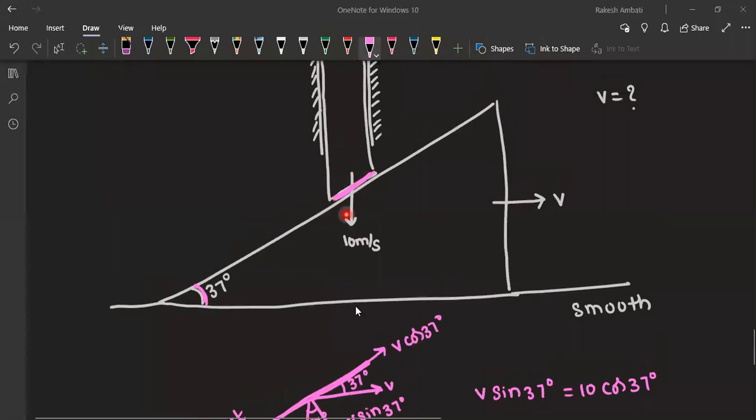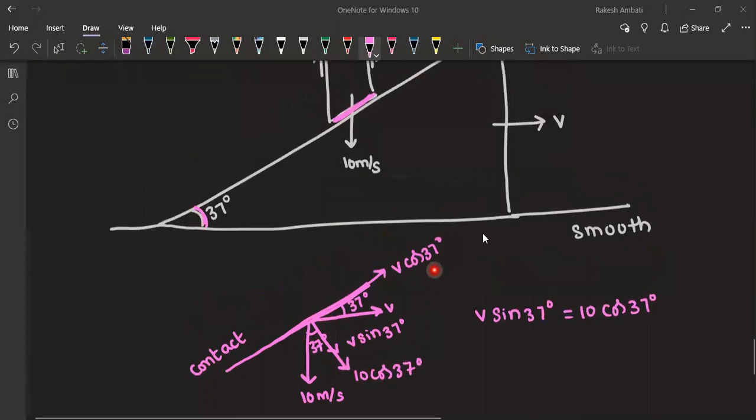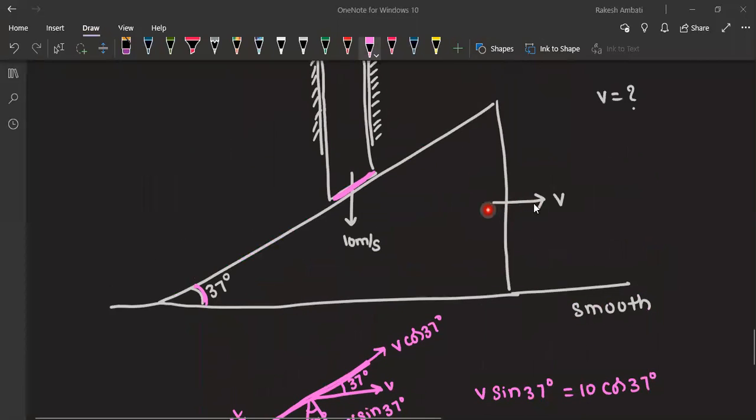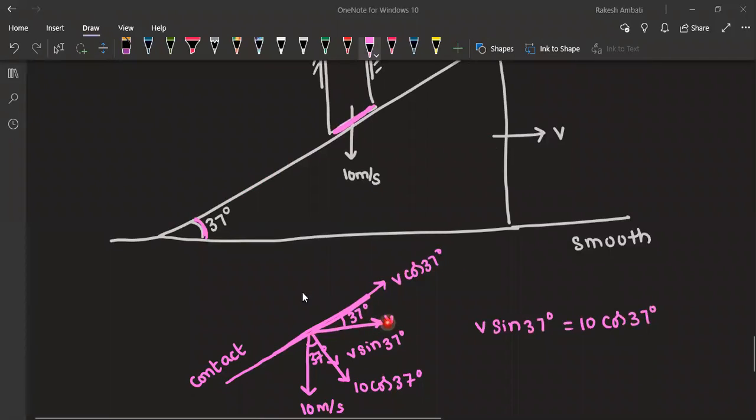The rod's velocity is 10 meter per second, and this angle is 37 degrees, so one velocity component in the normal direction is 10 cos 37. Then V is the velocity of the wedge horizontally, with 37 degrees to the horizontal.